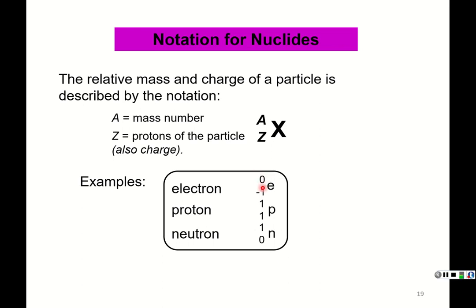Well, they do have a small amount, but we just round that to 0 for their symbol. And it has a -1 charge, so that goes in the subscript that precedes the symbol. Protons have one mass unit and one positive charge. And neutrons are one mass unit, but 0 charge.